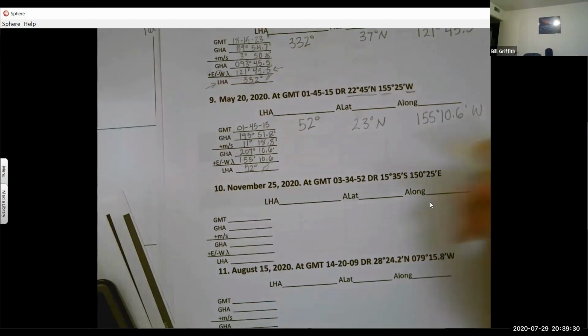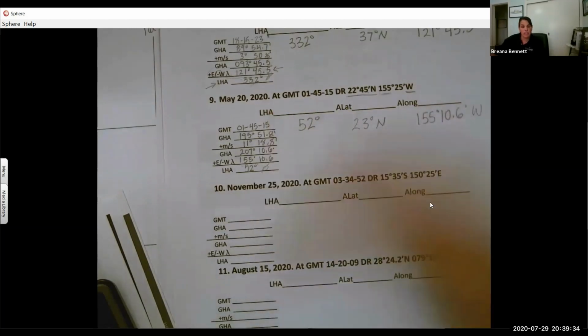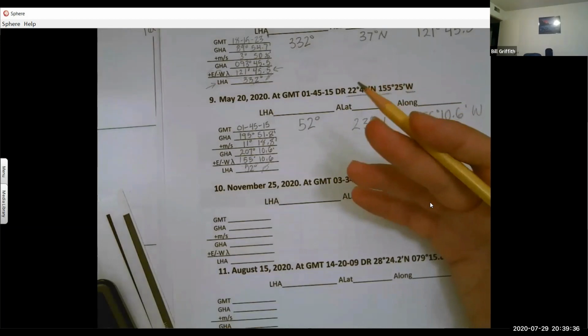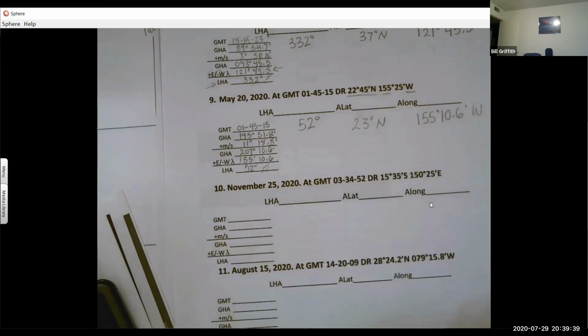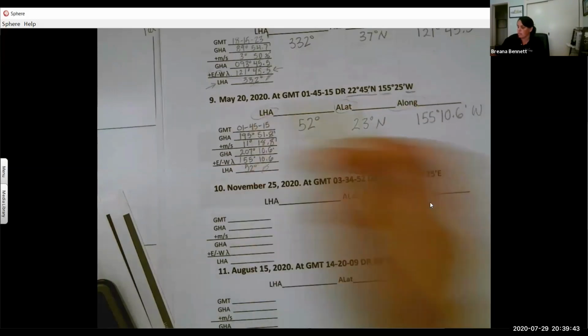Now again, if you put 22 degrees north, that's fine. You're just going to have a bigger intercept. So whatever you use, these are the three things.